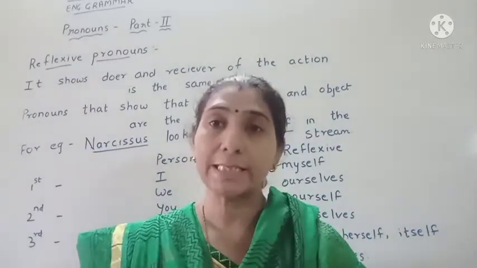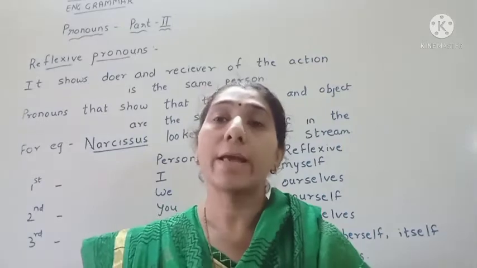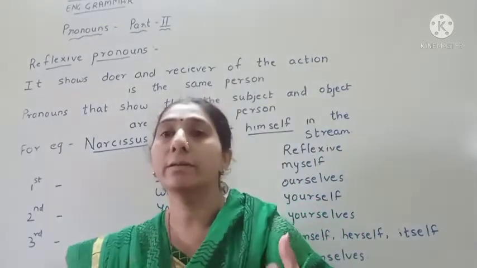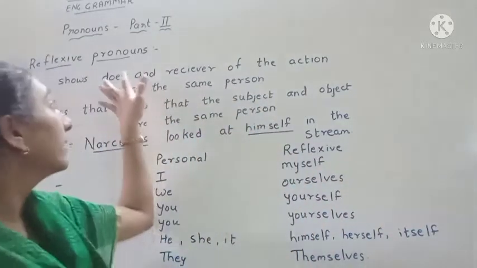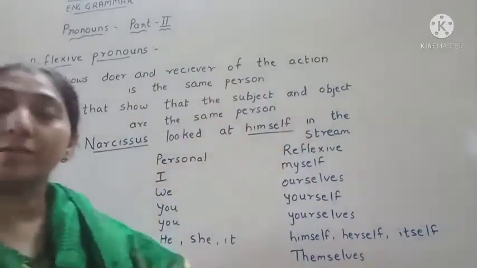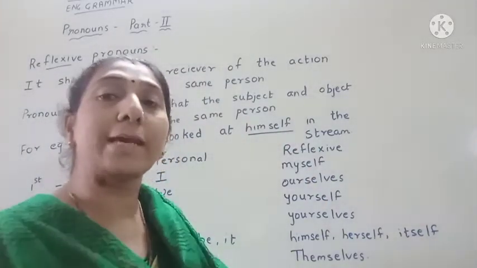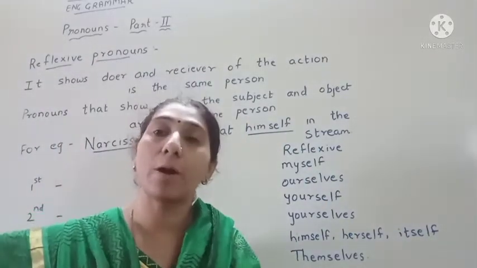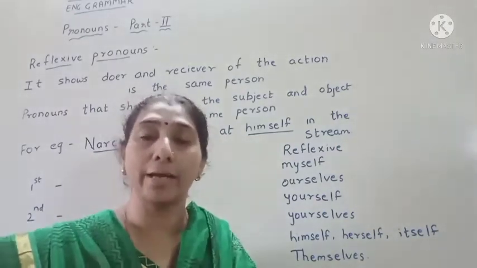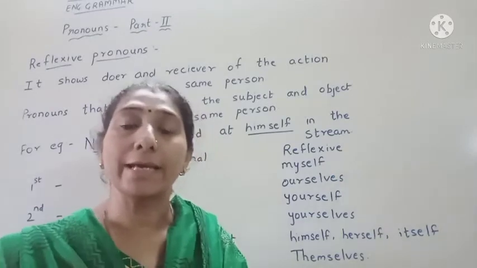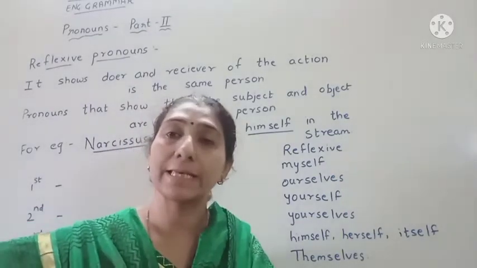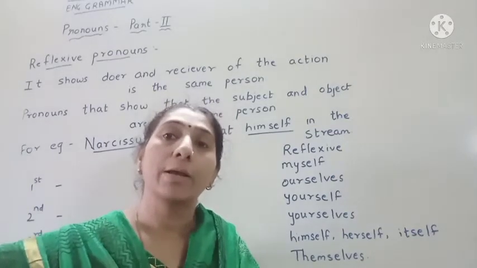Now what is a reflexive pronoun? When a pronoun shows us that the doer and the receiver of the action is the same person, when a person talks about himself, when the action done is for the same person, then that is a reflexive pronoun.